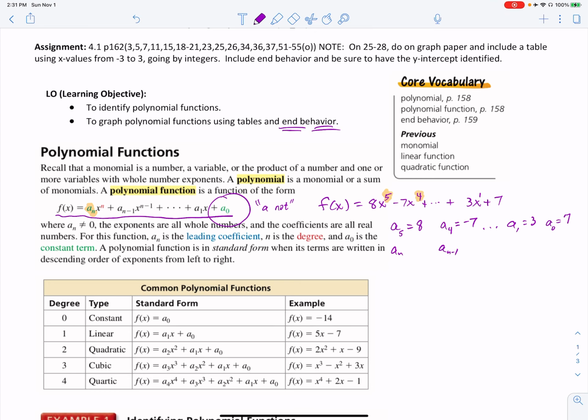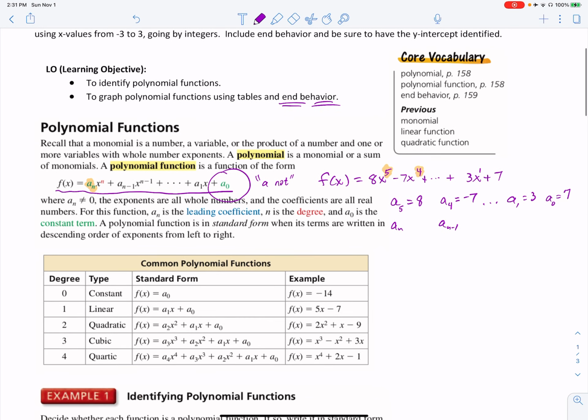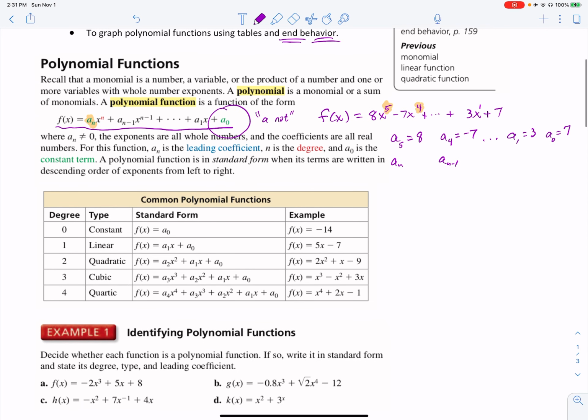All right, so a polynomial function is a monomial or a sum of monomials. So when I'm looking at this, each one of these is a monomial, and we are adding those together. So a polynomial is a monomial or a sum of monomials of this form.